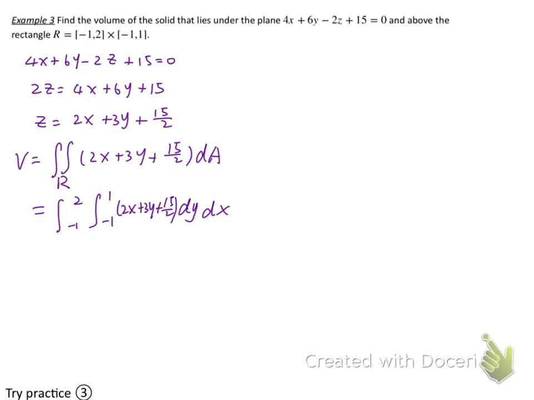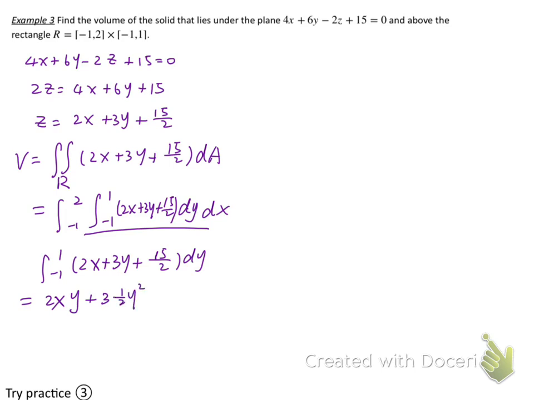Okay, now I'm going to work on the inside integral, from negative 1 to 1 of 2x plus 3y plus 15 over 2 dy. I'm taking the integral with respect to y. So 2x is a coefficient times y, plus 3y gives me 3/2 y squared, and 15 over 2 is really a coefficient times y. And my y goes from negative 1 to 1.